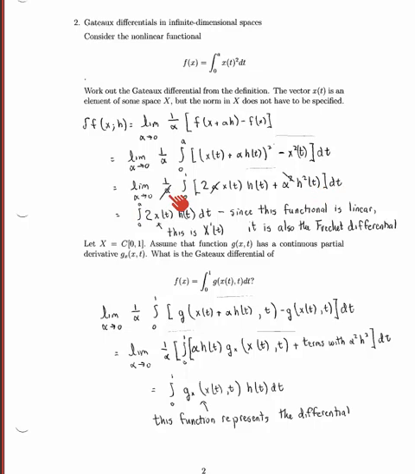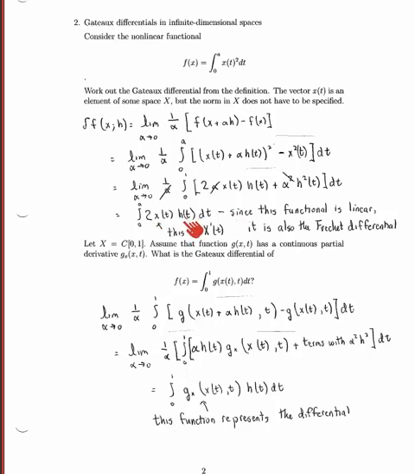When we divide by alpha, we can cancel that alpha against 1 power of alpha here, leaving a term that's clearly going to go to 0 as alpha approaches 0, and we've got our answer. Our answer is that the Gateaux differential evaluated at x, where x is a function of time, on the vector h, a function of time, is the rule: take 2 times x of t times h of t, multiply and integrate from 0 to 1.